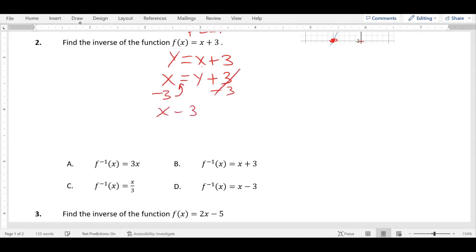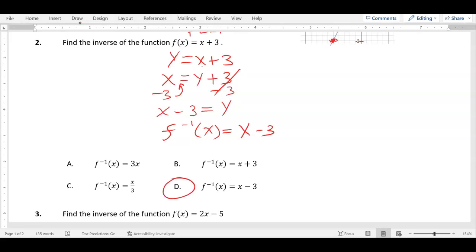So we have x minus 3 equals y. Now, there's no number in front of y. I know there's an implied 1, but since it's just y equals, we can write our final answer flipped around with the inverse notation. F inverse of x equals x minus 3. And that means the answer is going to be letter D.